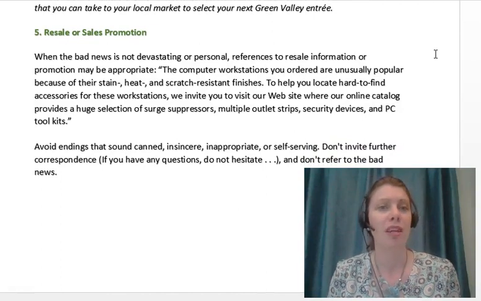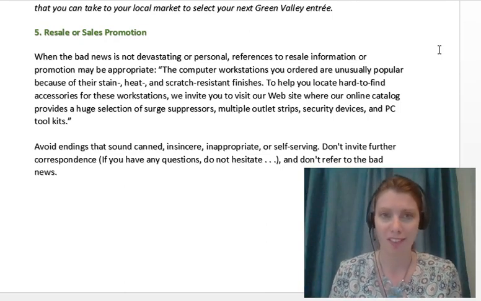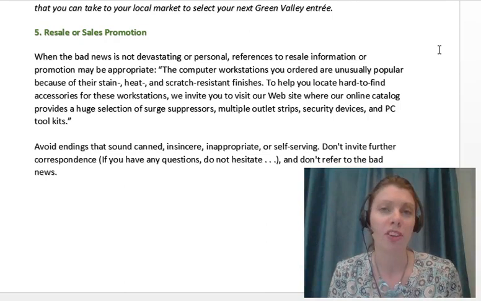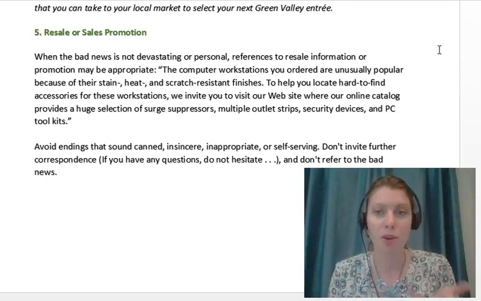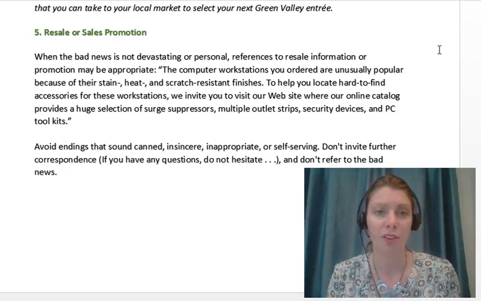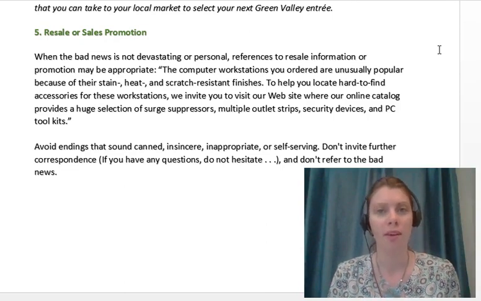And of course, there's resale or sales promotions. When the bad news isn't too devastating or it's not personal, reference to resale information or promotion can be appropriate. So something like, the computer workstations you ordered are unusually popular because of their stain, heat, and scratch resistant finishes. To help you locate hard to find accessories for these workstations, we invite you to visit our website where our online catalog provides a huge selection of surge suppressors, multiple outlet strips, security devices, and PC toolkits.